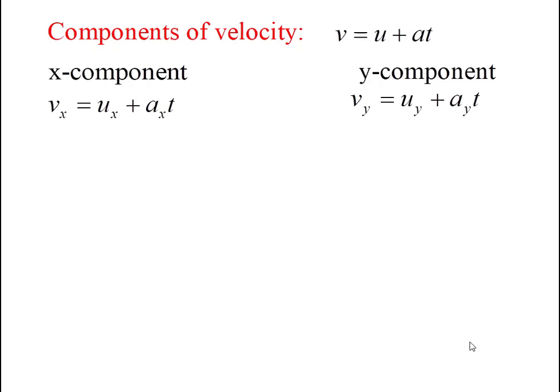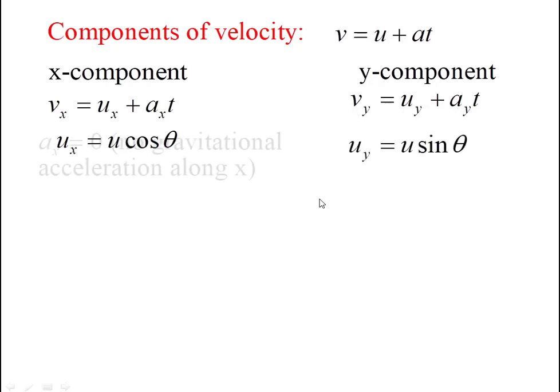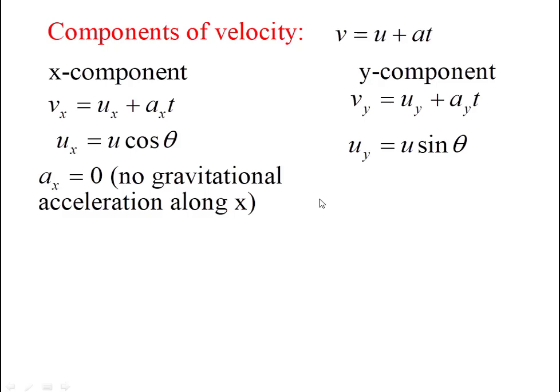Because projectile motion is a kind of two-dimensional motion, Vx is equal to ux plus ax times t, based on this kinematic equation. The same applies for the y components of the motion. Because ux is u cosine of theta, uy is u sine of theta, and ax is equal to 0 because there is no gravitational acceleration along x, but ay is equal to minus g.